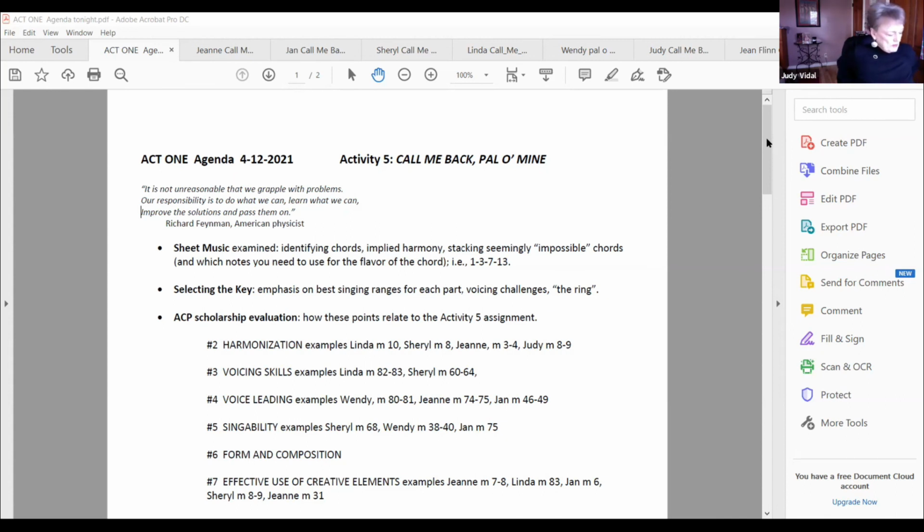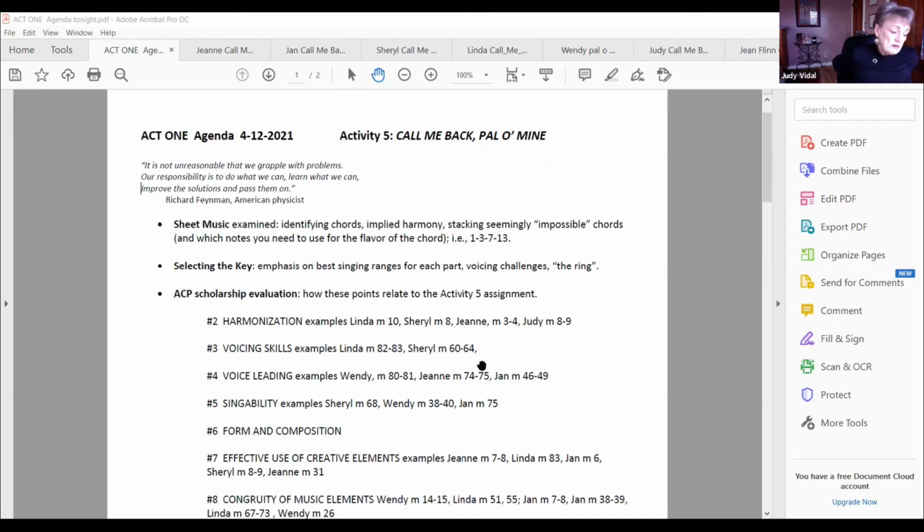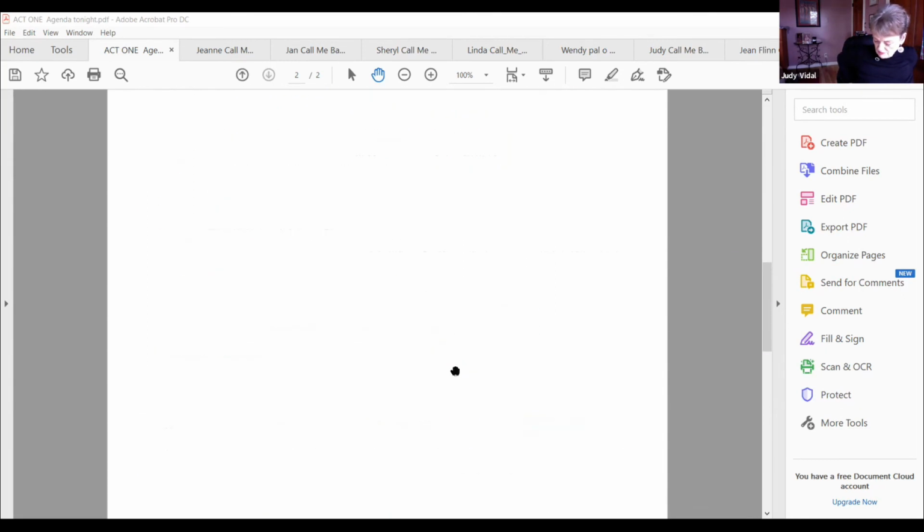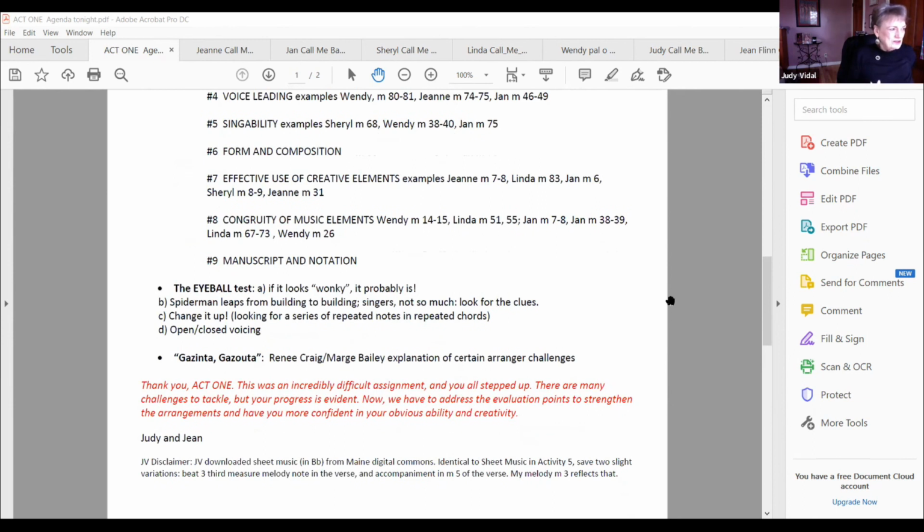I talked at the bottom of the sheet, you saw the Gazinta Gazauta. I asked Kay about this yesterday because we had some things that I call sort of like leaping buildings. It's like this chord went to here and then boom, all of a sudden we went there.